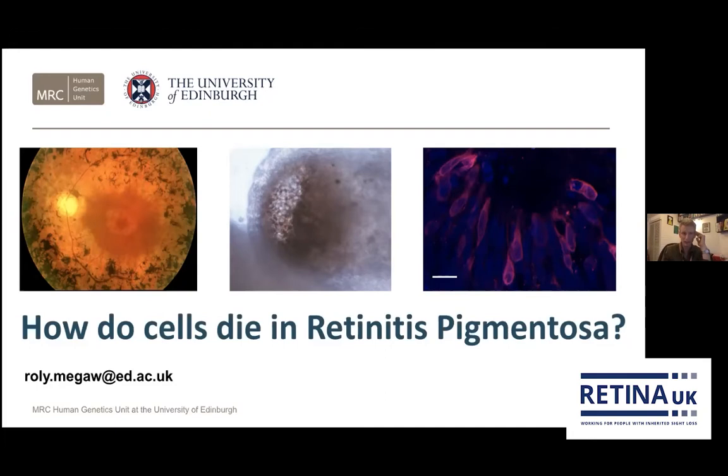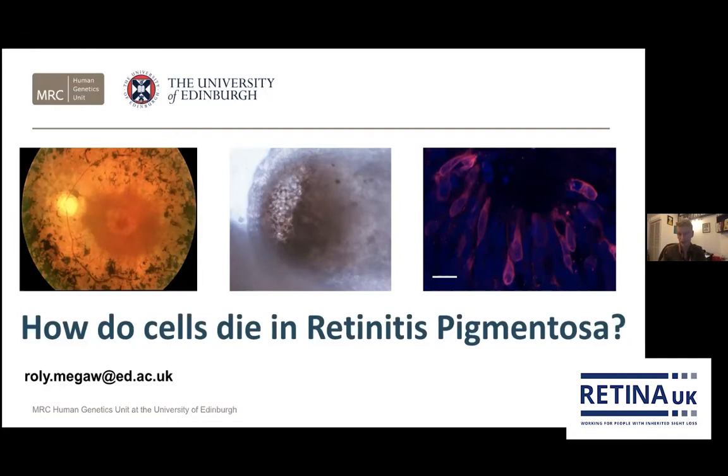But latterly, I've begun to think a little bit about how cells die in retinitis pigmentosa, and we've been doing a little bit of work in the lab on that. Rather than just churn out the same old mechanistic story that I normally talk about, maybe I could talk about the new work we've been doing, which is trying to understand how photoreceptors die.